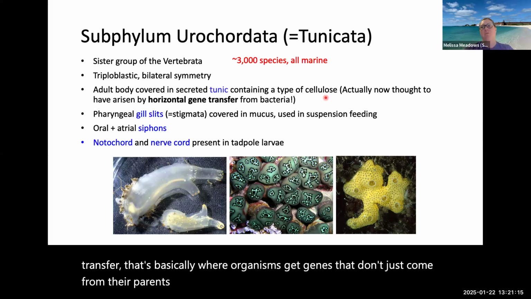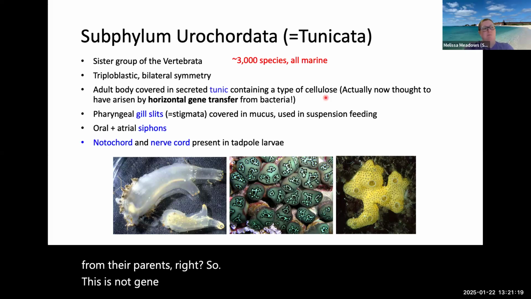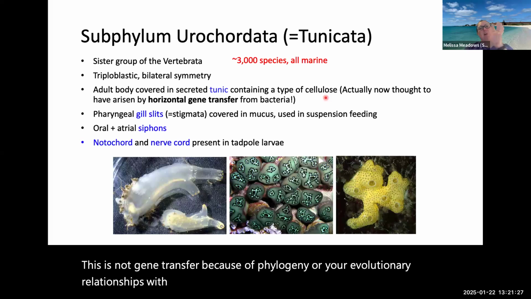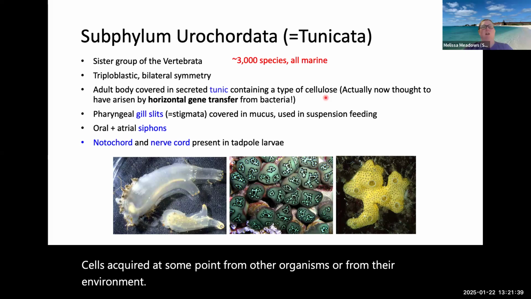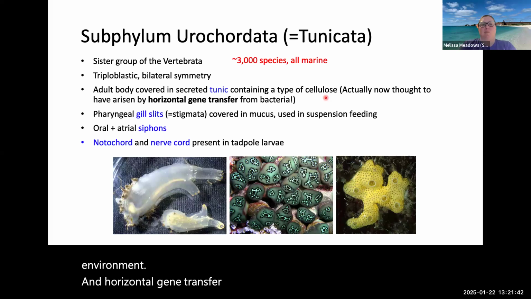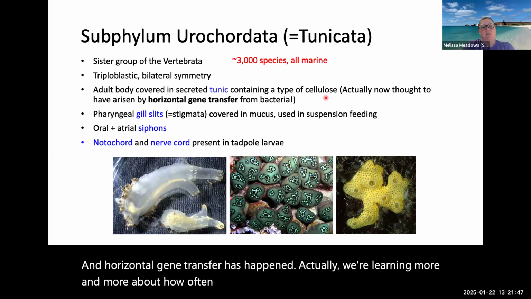So this is not gene transfer because of phylogeny or your evolutionary relationships with your ancestors, but rather genes that cells acquired at some point from other organisms or from their environment. And horizontal gene transfer has happened. Actually, we're learning more and more about how often that has occurred and is responsible for a lot of our characteristics.